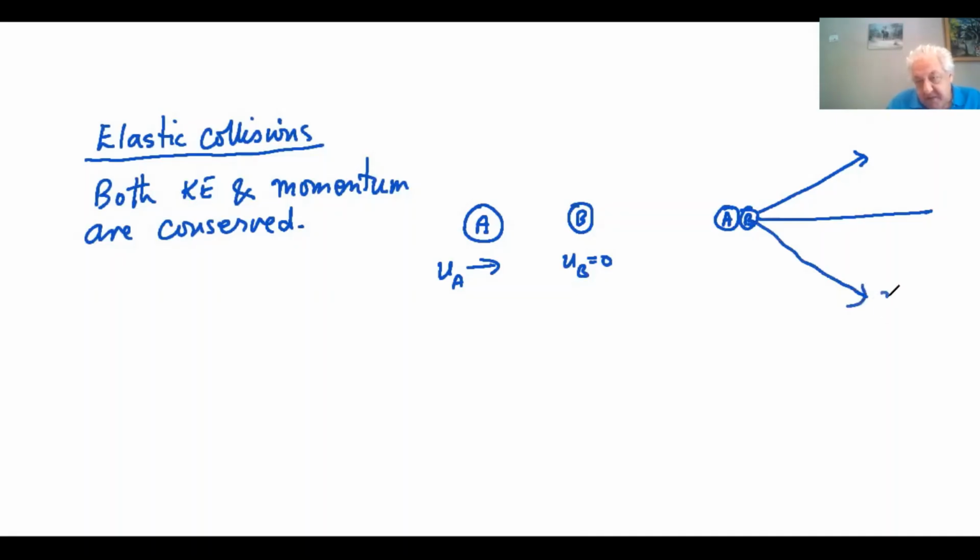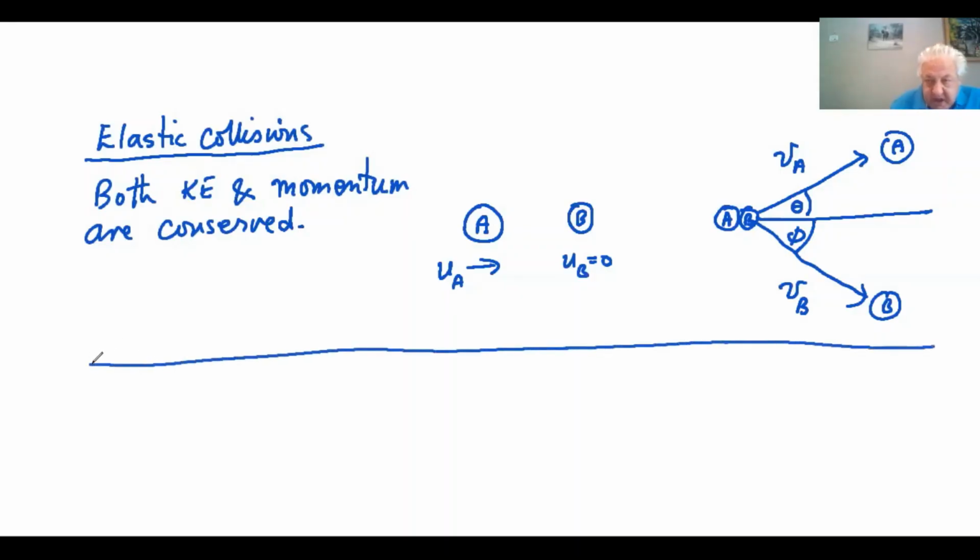We suppose this is ball B, and ball A shoots off in this direction, with final velocity VA and final velocity VB. This is angle phi, this is angle theta. When the balls are very hard, they hit each other without loss of KE. So we have both conservation of kinetic energy and momentum.